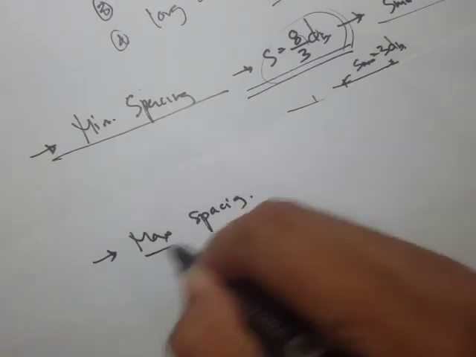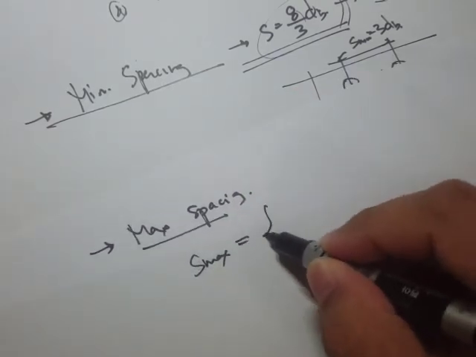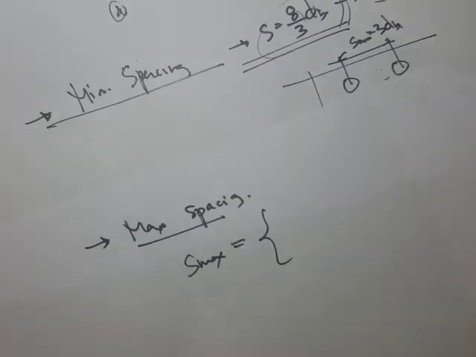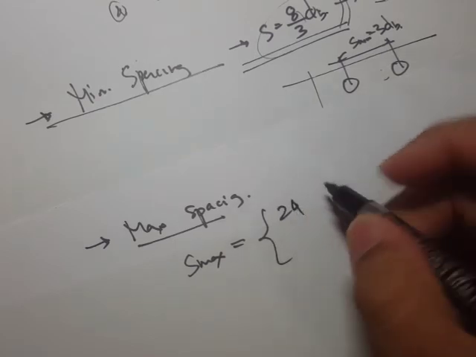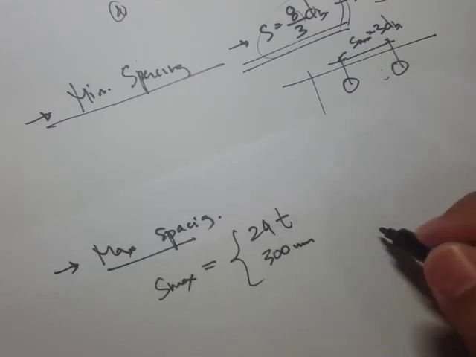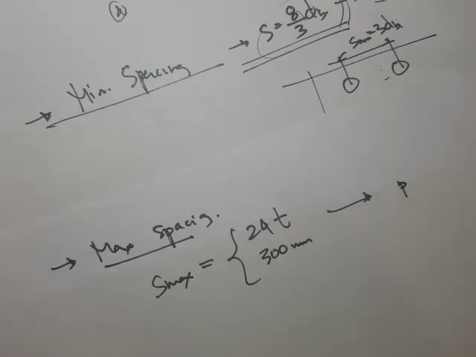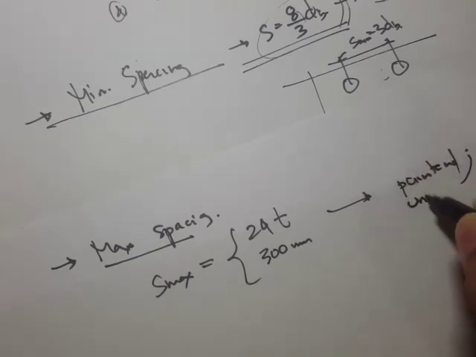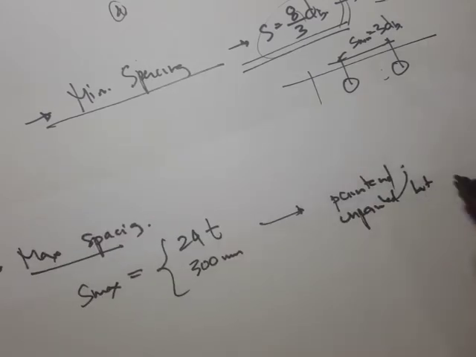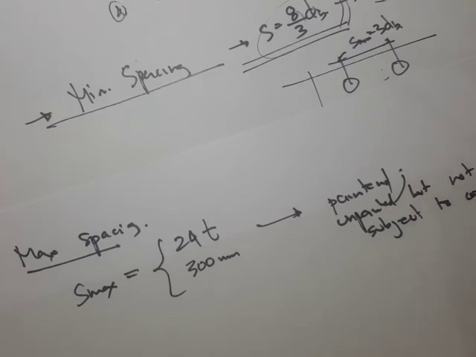So if we have a minimum spacing, then we also will have a maximum spacing. So S max is maybe 24 times the thickness of the plate, or 300 mm. Okay, so this refers to if it is painted or unpainted, but not subject to corrosion.